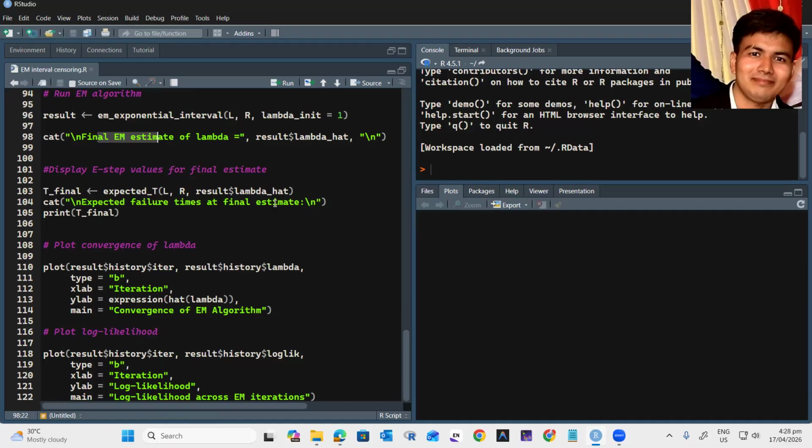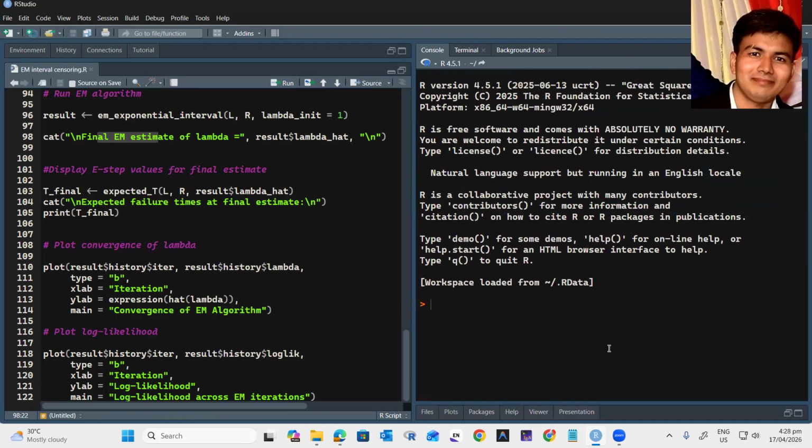After that, we are going to plot the convergence of the lambda. So here we have plot results dollar history dollar iteration, comma, results dollar history dollar lambda. So plot creates the scatter plot, and results dollar history dollar iteration and results dollar history dollar lambda are the x and y coordinates.